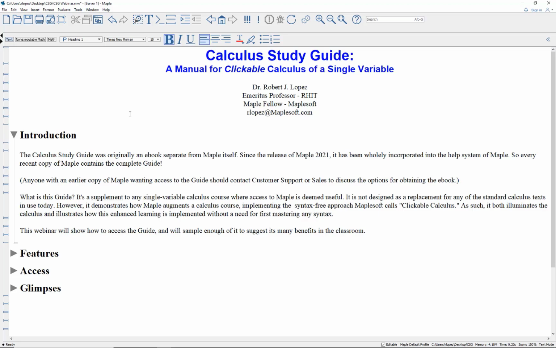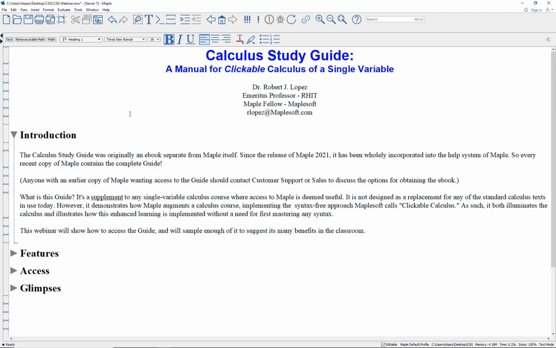Now, what is this guide? It's a supplement to any standard calculus book. It's not designed as a replacement for the calculus book. It demonstrates how Maple augments a calculus course and implements the syntax-free approach to using Maple that MapleSoft calls Clickable Calculus.